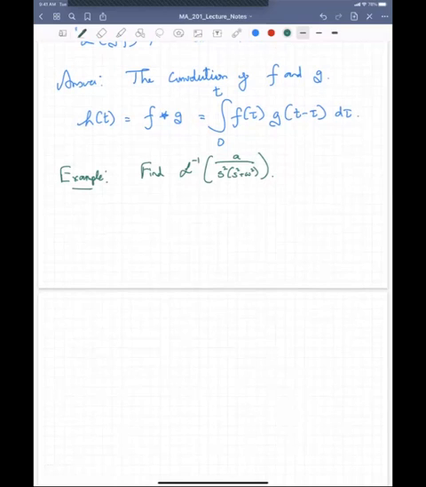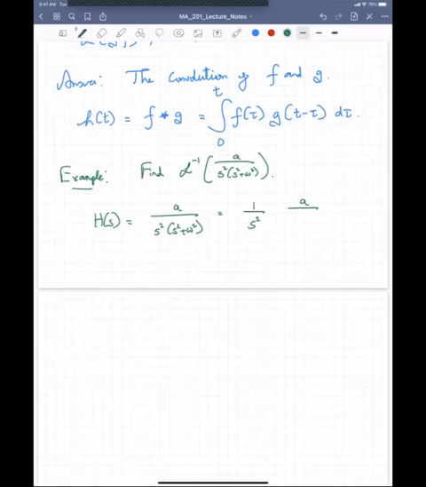The other way is to simply recognize that I can write this capital H as 1 over s square times omega over s square plus omega square. Actually, let me make this omega, so it's even easier. Anyway, I have to divide and multiply by omega, so I might as well call this omega.